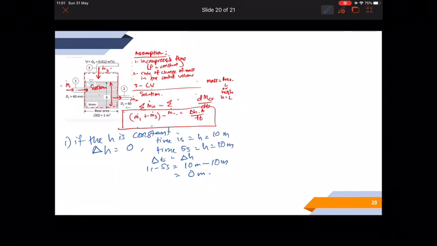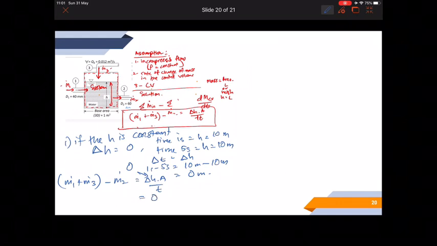So when you write the equation, it will become like this: m dot 1 plus m dot 3 minus m dot 2, m dot out, equals delta H A over t. You replace delta H by 0, so it will become 0. So you can simply write m dot 1, A1 V1, velocity 1, area 1, plus m dot 3.